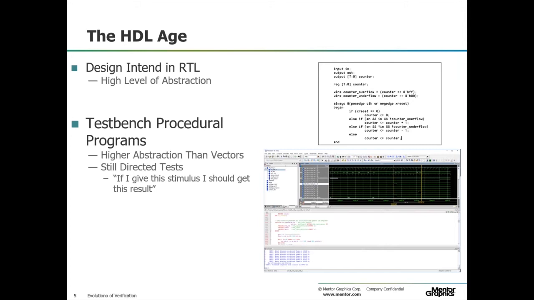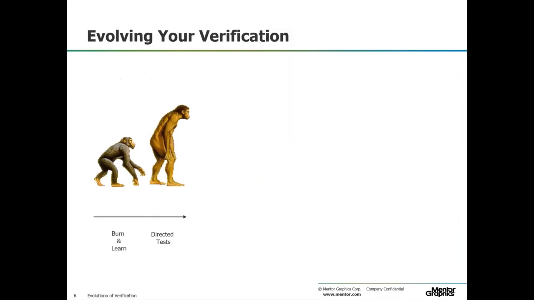It was still a set of directed tests where we were saying, if I give this stimulus, I expect this result, and that tests these features. So that in our little evolution graph was the next step. We started doing directed testing.